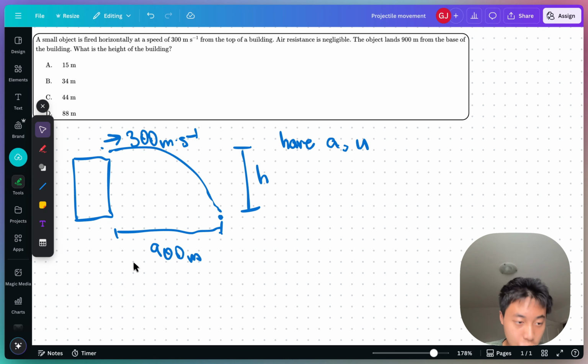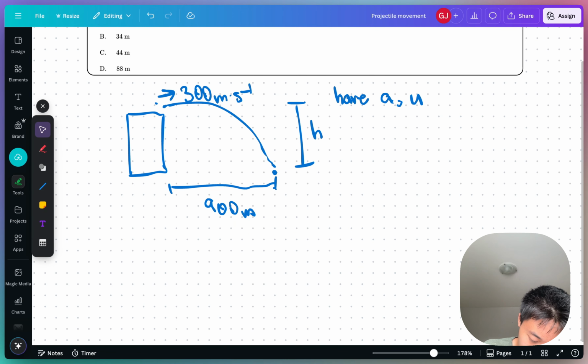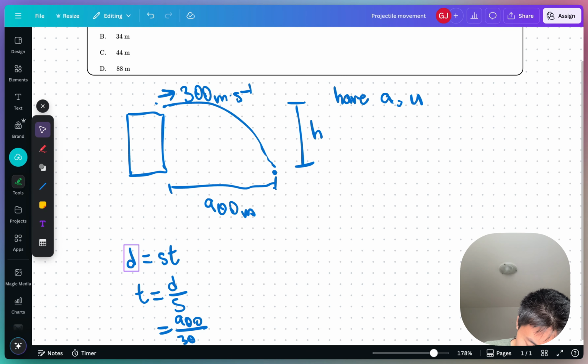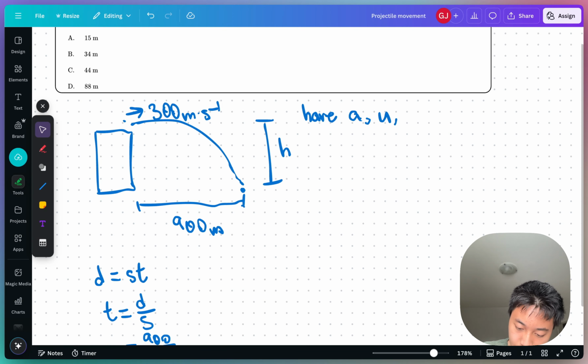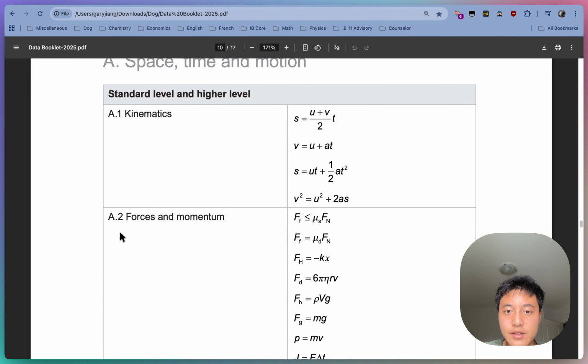But we can also figure this out using laws, because distance equals speed times time, and so time is distance over speed, which is 900 divided by 300, which is 3 seconds. So we also have time. And we want height.